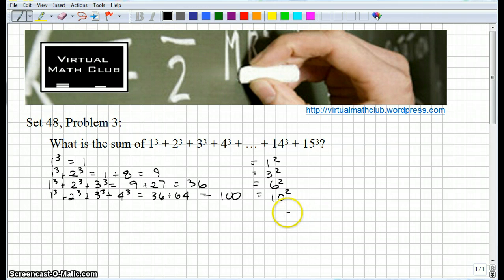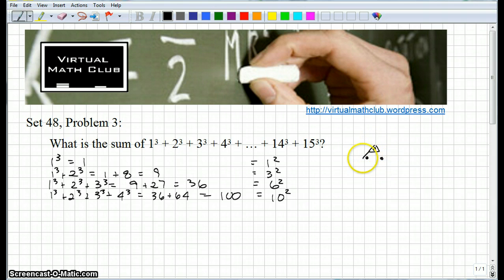So, a pattern. Well, when you've got some experience with these types of problems, you might recognize these as triangular numbers. 1, 3, 6, 10. A triangular number is basically the sum of consecutive numbers. The first triangular number is just 1.